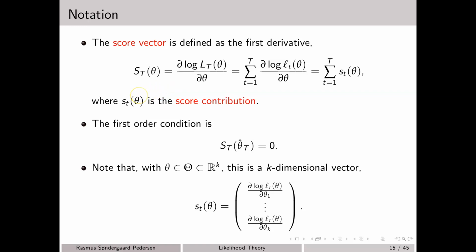Recall here that theta hat is the maximizer of the log likelihood function, so the first order condition for this maximization problem suggests that the score vector should be equal to 0 when we evaluate it at theta hat. Note that this score vector is a k-dimensional vector in the case where theta is k-dimensional.